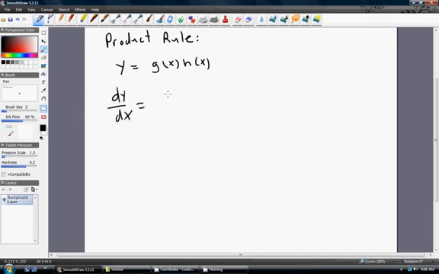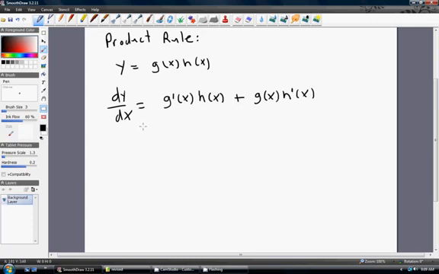The derivative will look something like this. First we take the derivative of the g of x function and multiply it by the h of x function. And then we add to it the g of x function multiplied by the derivative of the h of x function. And that is the basic way of taking the derivative of a product.